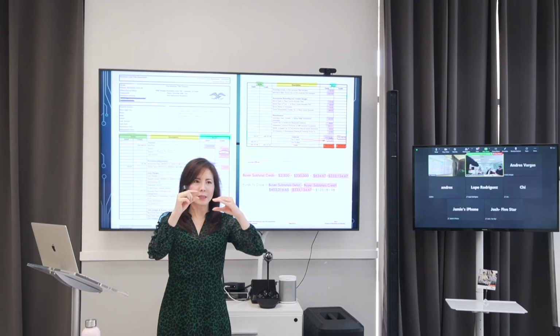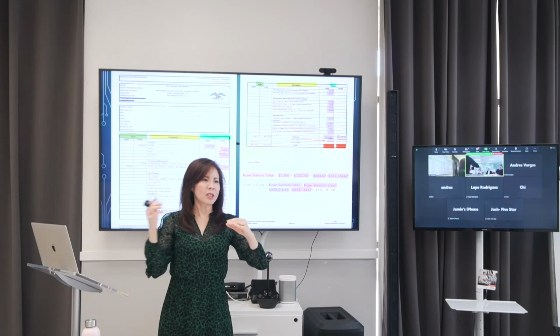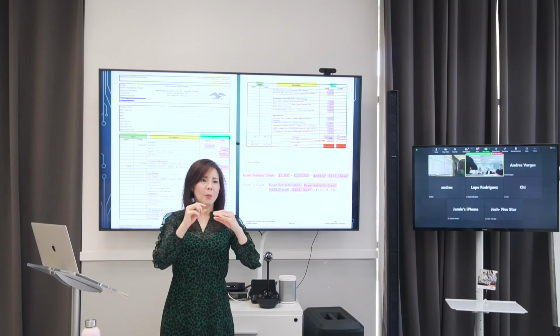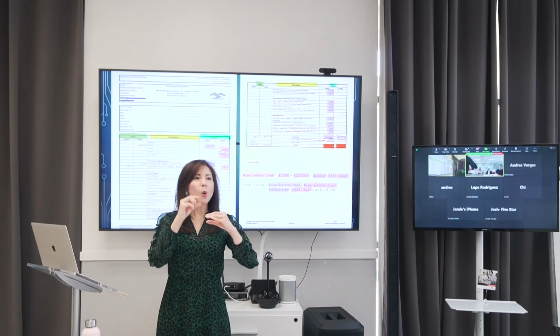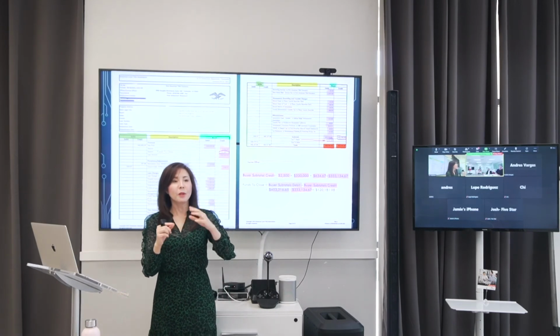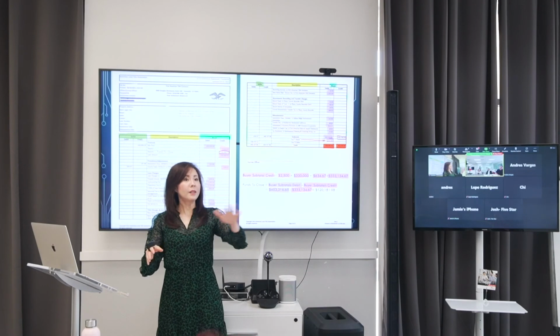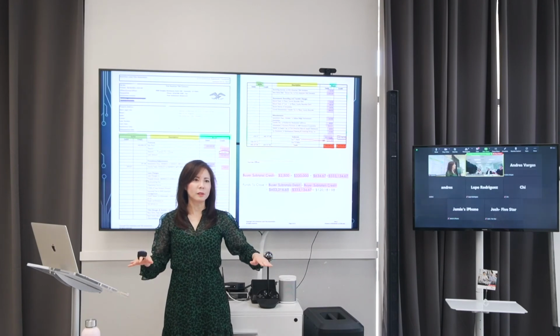So $10 is nothing. But if it's over 10%, that's not going to work. There's a tolerance of only 10% for the title and escrow fee. But for the lender fee, there is completely no tolerance.